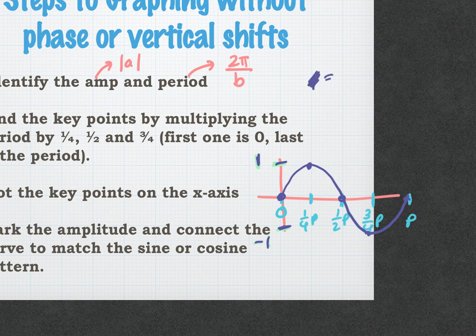So we'll say purple is sine. And if it was cosine, I would start at 1, go down, down, up, up. It is the exact same steps for both until you get the overall shape at the end.